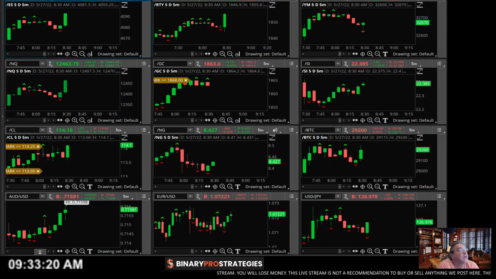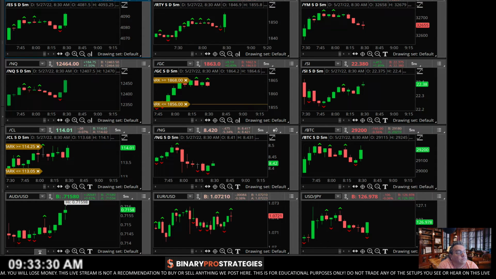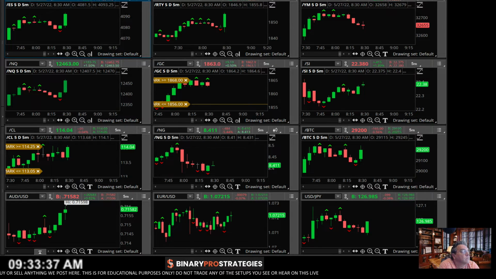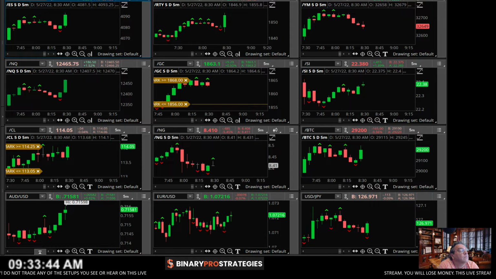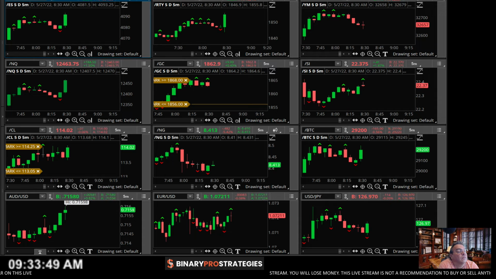Reversal on gold is going to be 1856. That green bar is going to be target.